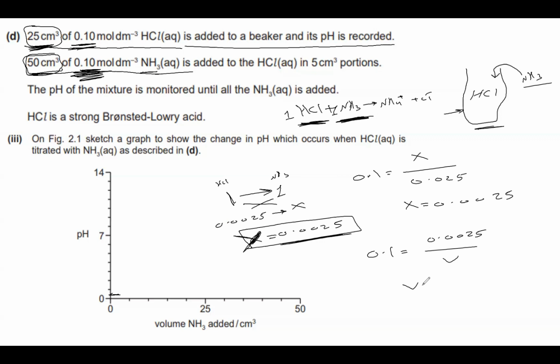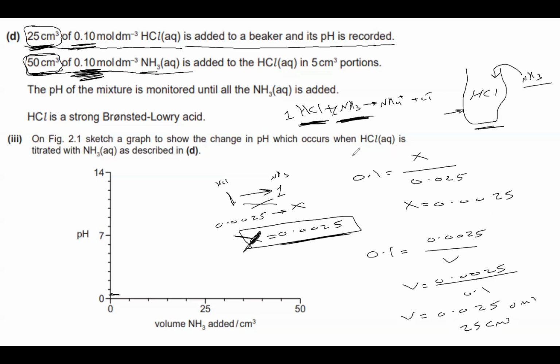Volume will be equal to 0.0025 over 0.1. So volume will be 0.025 dm³, which is 25 cm³.